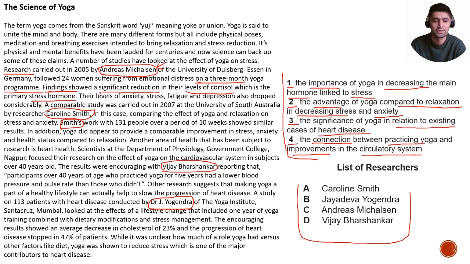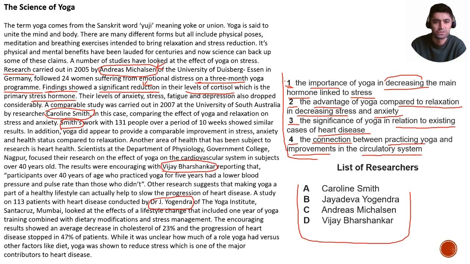Now let's compare this information with our statements here. The first one: the importance of yoga in decreasing the main hormone linked to stress. Alright, so the word decreasing can replace the word reduction. A significant reduction in their levels of cortisol, which is the primary stress hormone.